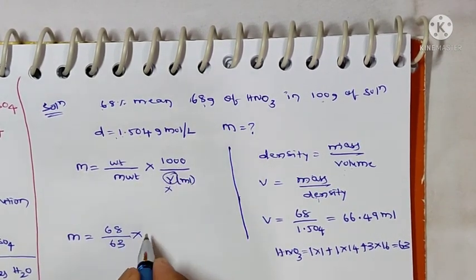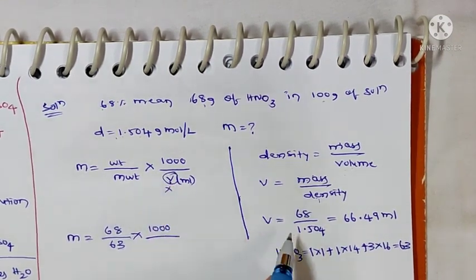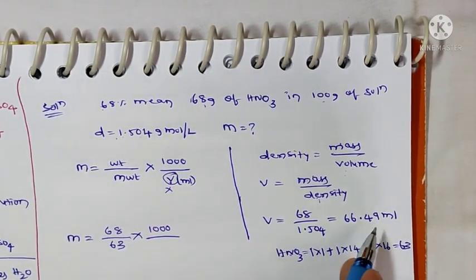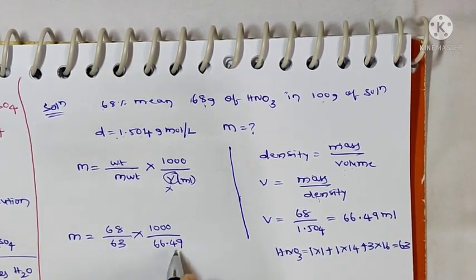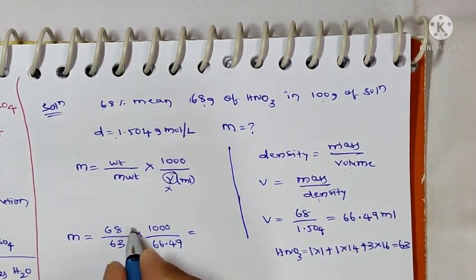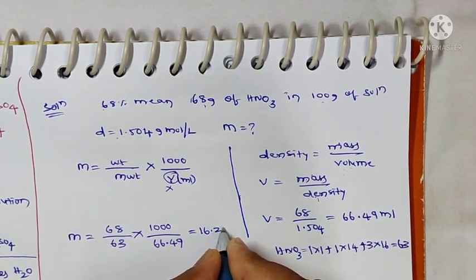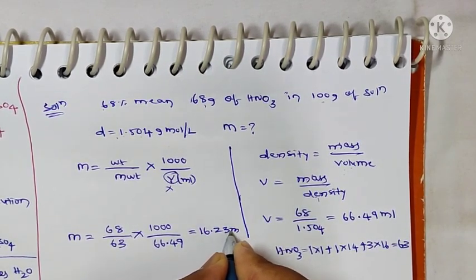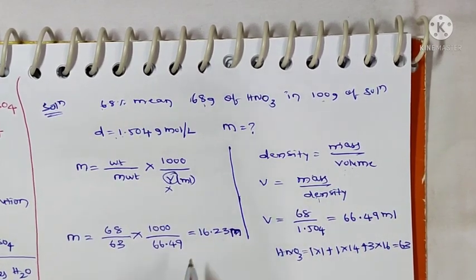63 into 1000 divided by volume. The volume is 66.49 mL. If you do this calculation, we will get 16.23 molar.